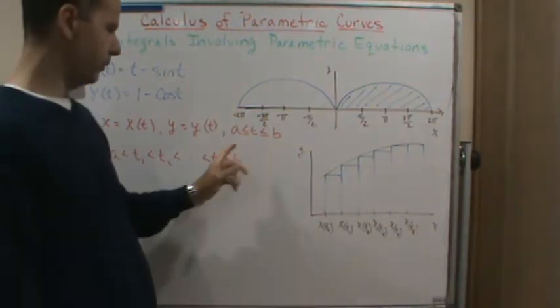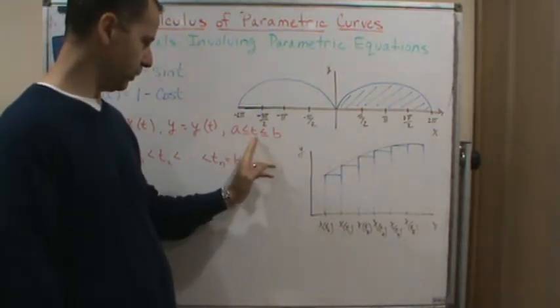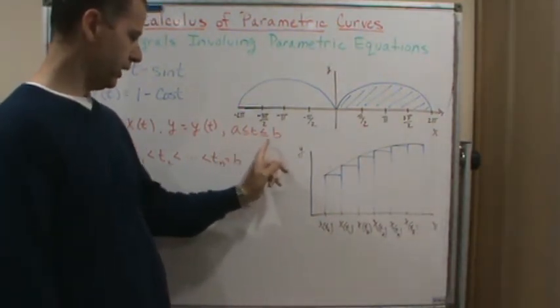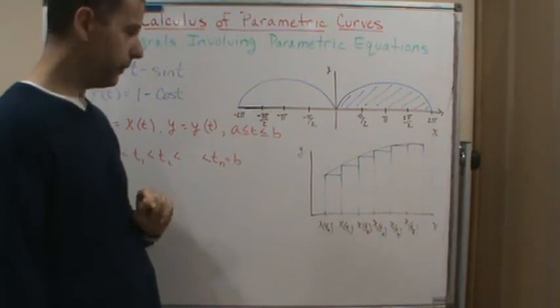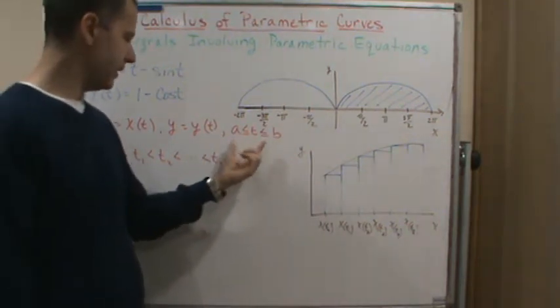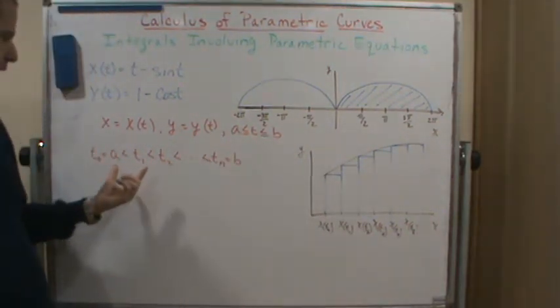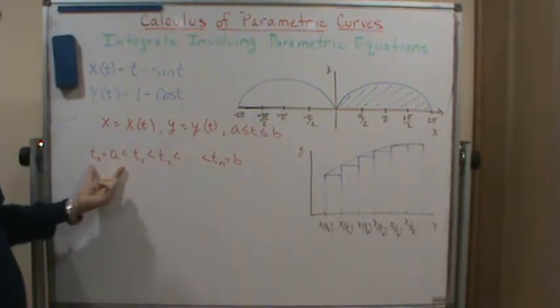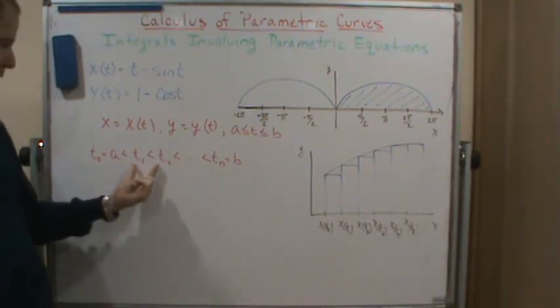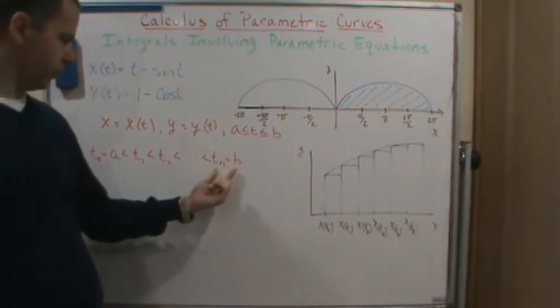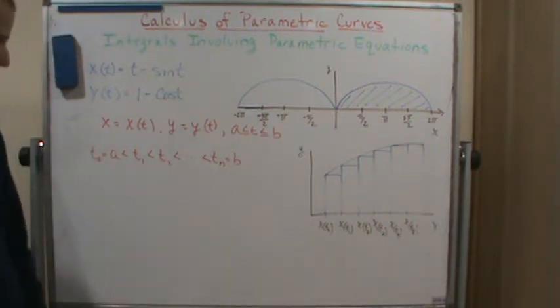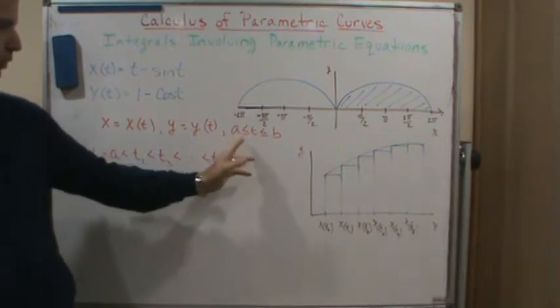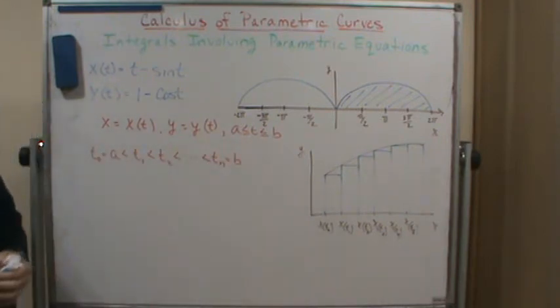Just like we did before with x, but now we're dealing with parametric equations, so we're dealing with intervals of t, where t0 equals a, and then we have t1, t2, all the way to tn, which is equal to b.